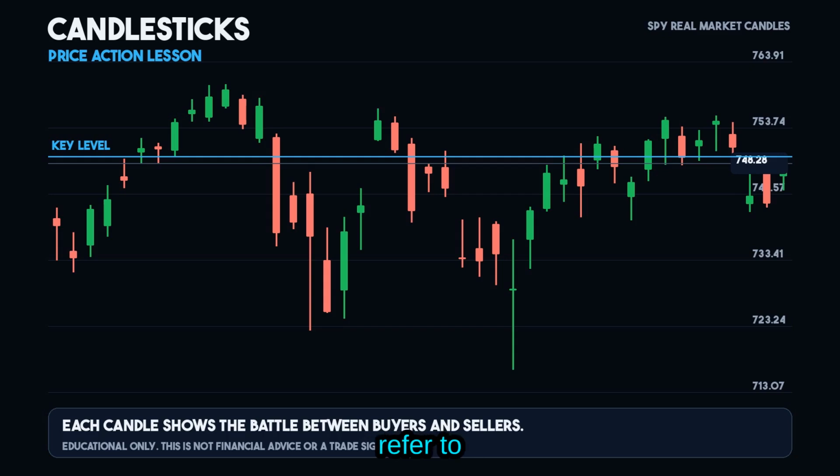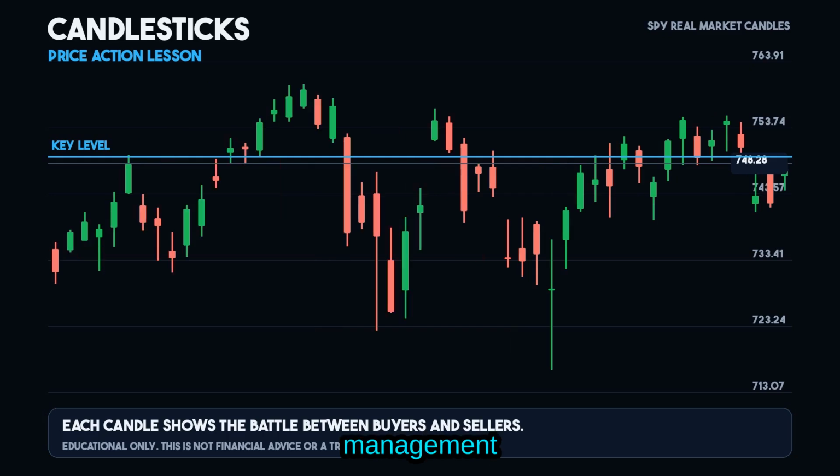Targets, on the other hand, refer to the price levels where you aim to close the trade, making a profit. This could be a simple moving average, an area of support, or even a chart pattern. The idea is to find a price level where you can close the trade with a profit. Now, management refers to the process of constantly monitoring and adjusting your trade as it unfolds.